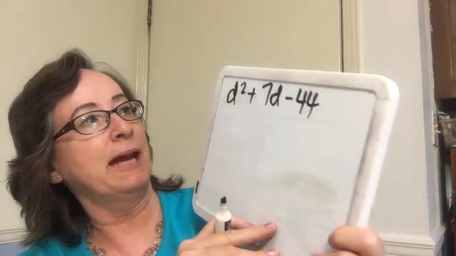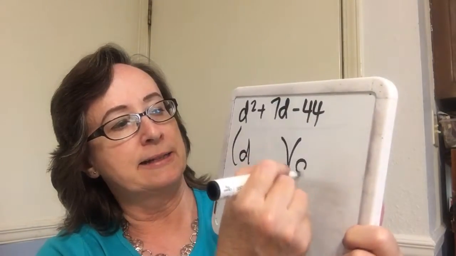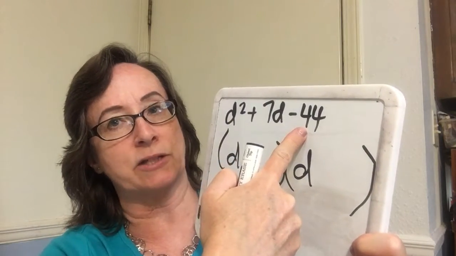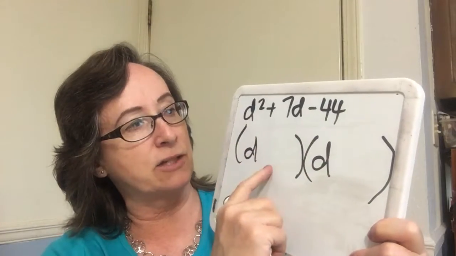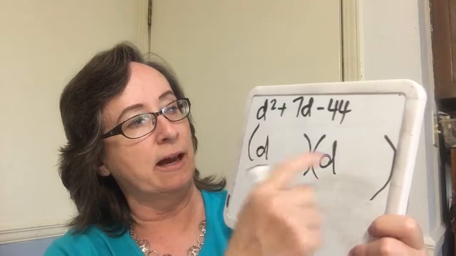All right, so now we have a d squared, so we're going to put a d, d. Again, I have a difference, a negative on the last term, meaning I have a difference between the inside and the outside terms. So this one will be a subtraction of these two.